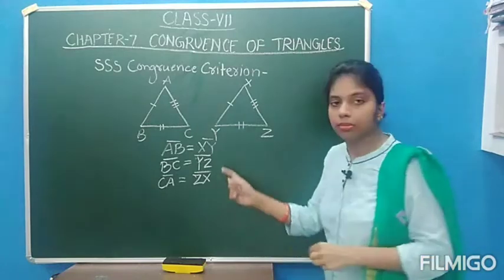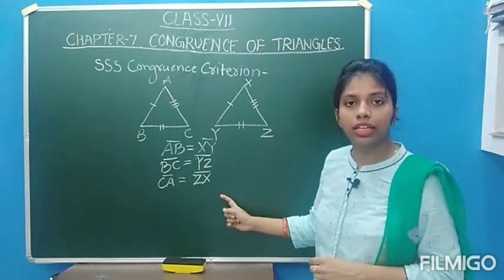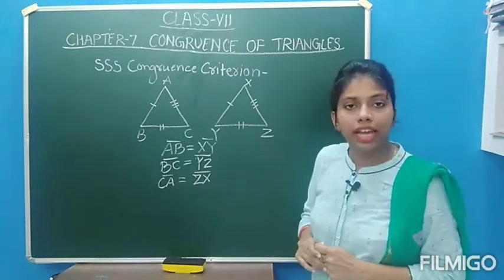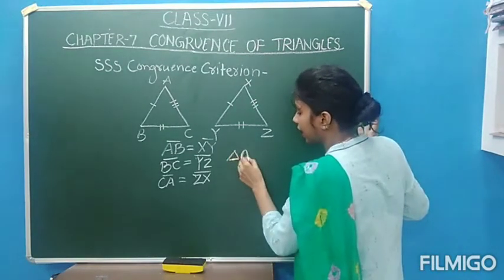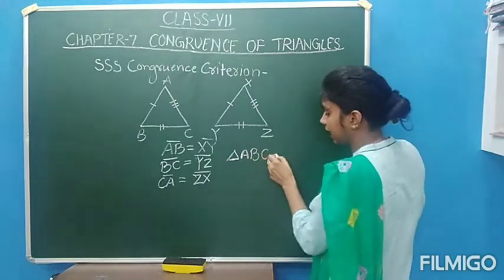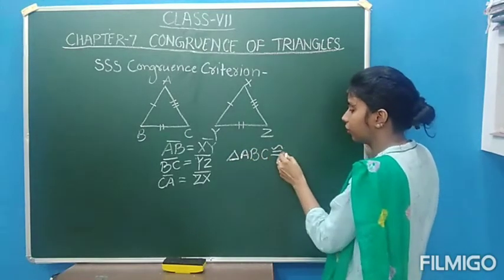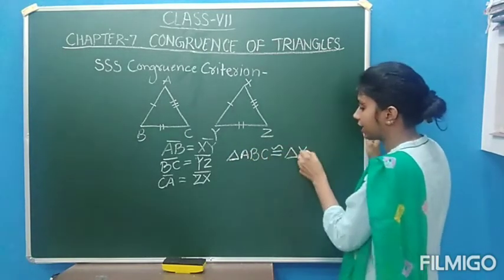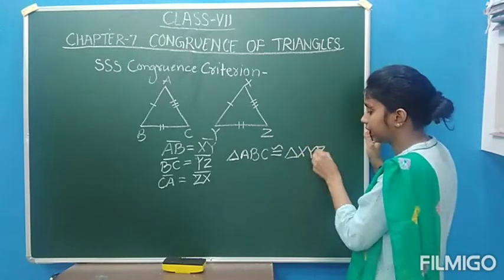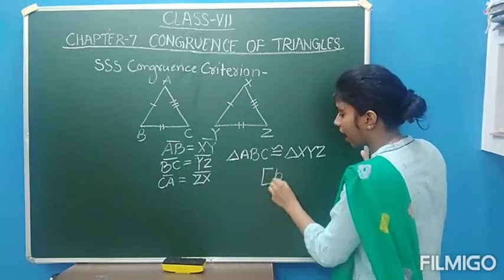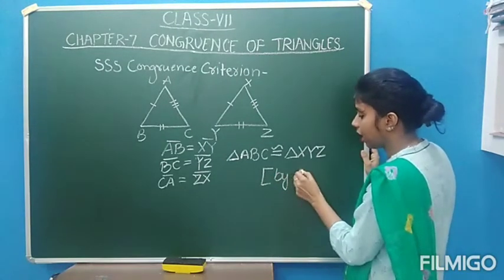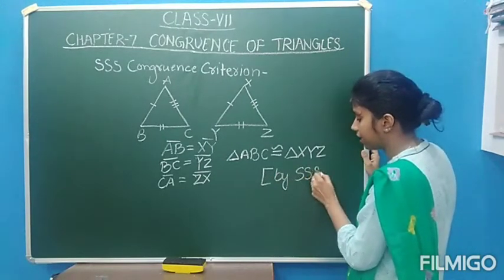Now we have three sides equal in these two triangles, so they are congruent, meaning triangle ABC is congruent to triangle XYZ by the criteria of side, side, side.